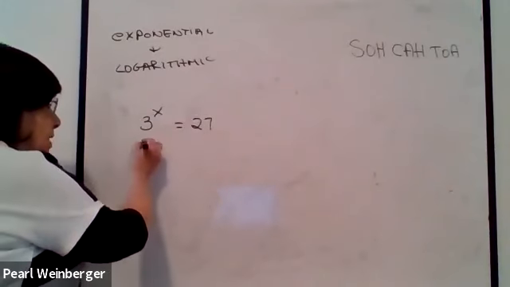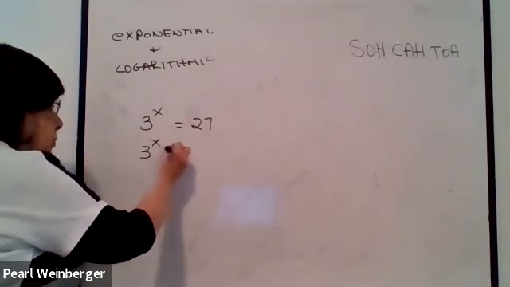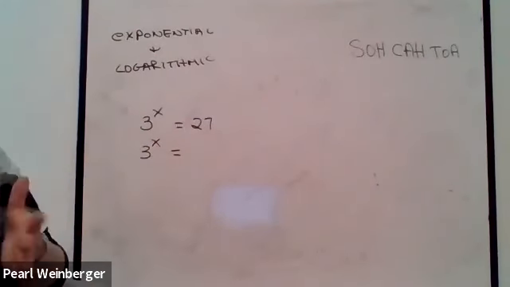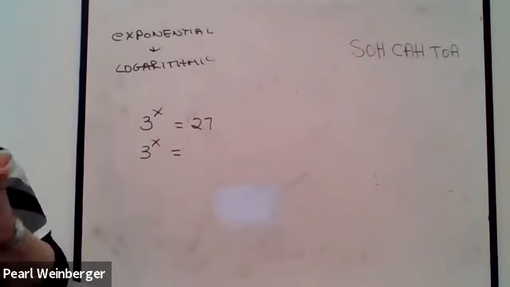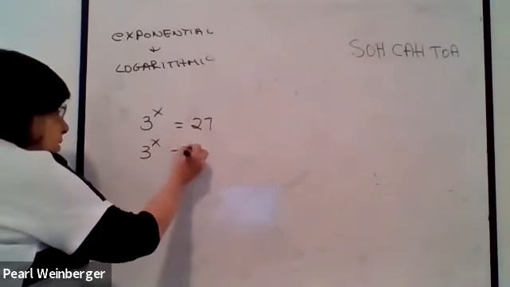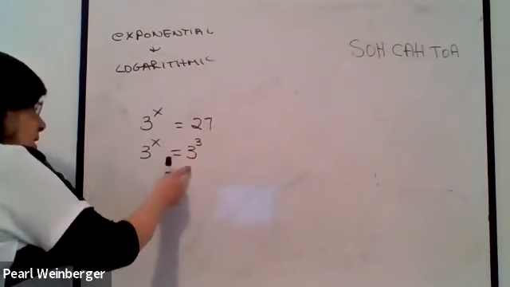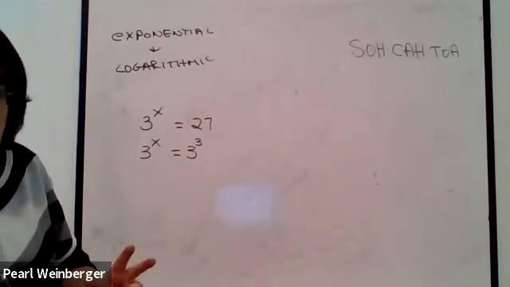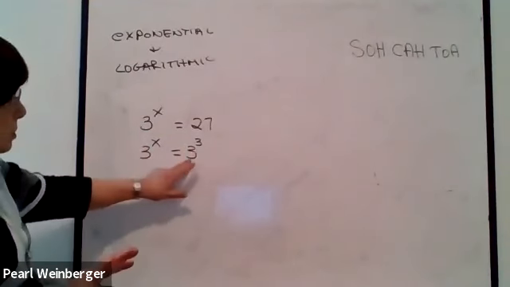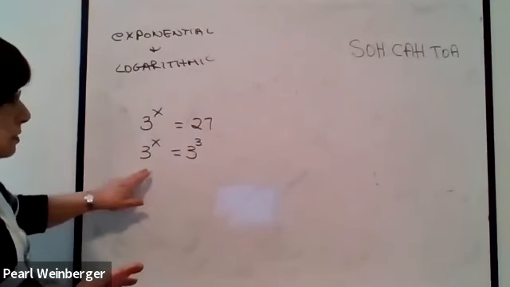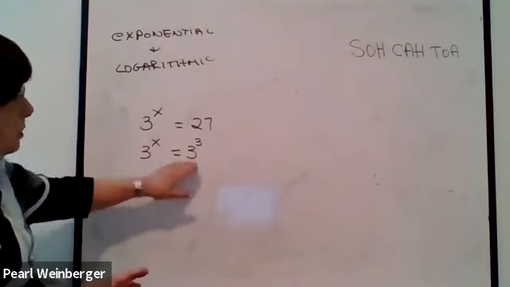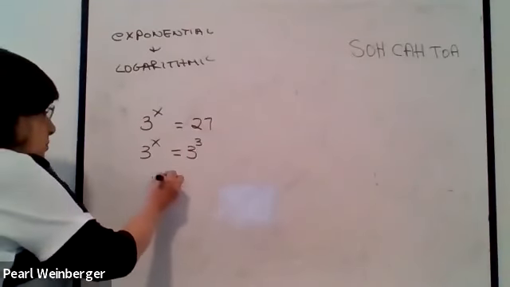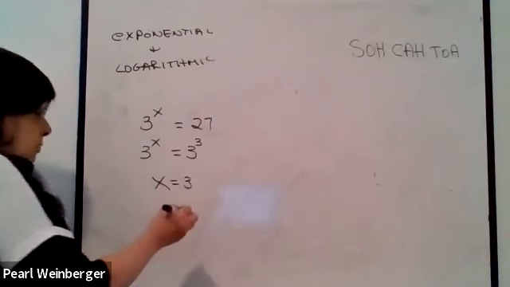It turns out I can do this because 27, 3 times 3 is 9, times 3 is 27, is 3 to the 3rd. It's not always possible, but if you can get the two numbers to the same base, then you can ignore the base and just say your answer is x equals 3.